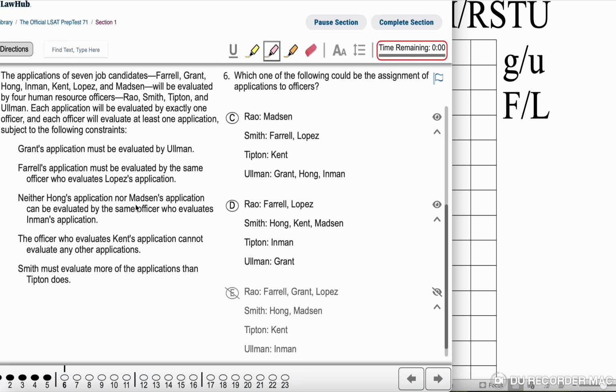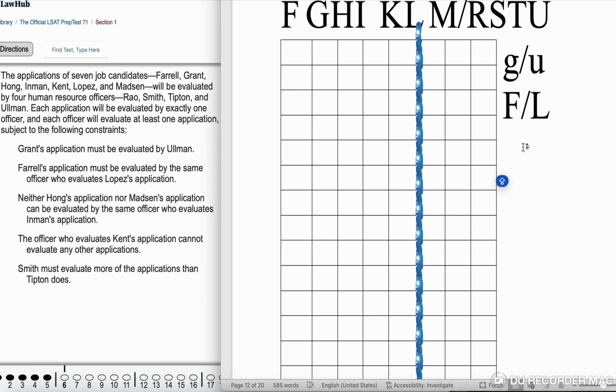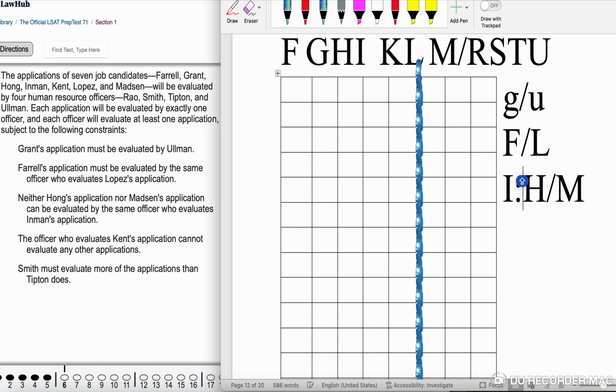Neither H's application nor M's application can be evaluated by the same officer who evaluates I. So H cannot be evaluated by the same officer who evaluates I. So I'm going to go ahead and cross this out right here.